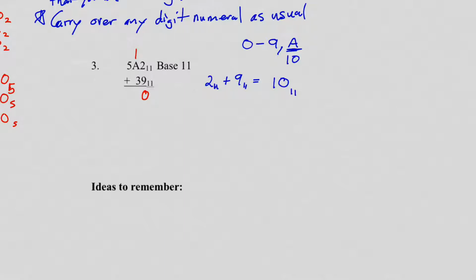Then we have 1 plus A plus 3. Okay, these are all base 11. So basically, this is 1 plus 10, plus 3, so this is going to be 14.